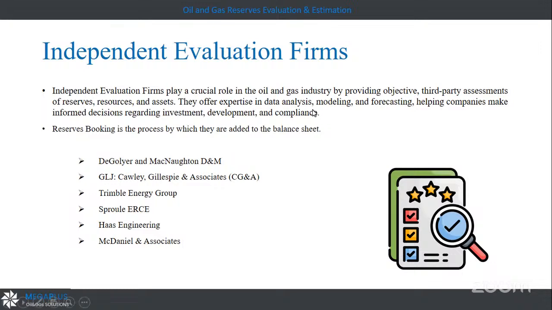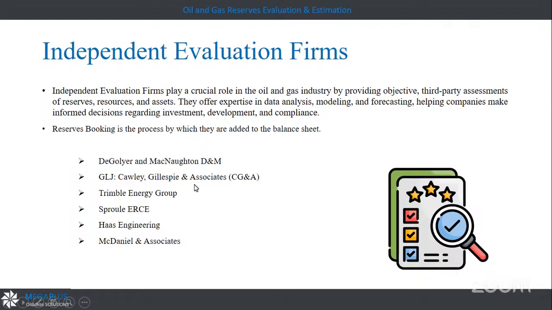They offer expertise in data analysis, modeling, and forecasting, helping companies make informed decisions regarding investment, development, and compliance. So their role is as a third party to certify or approve the reserves of the company. And reserves booking, what do we mean by reserves booking? It is the process by which these reserves are added to the company balance sheet.